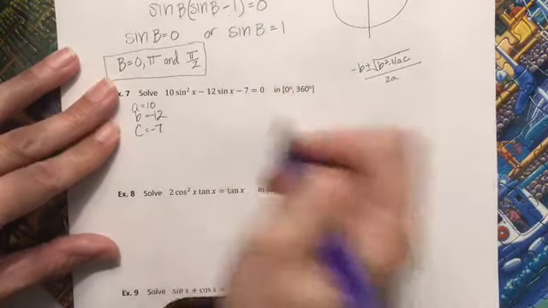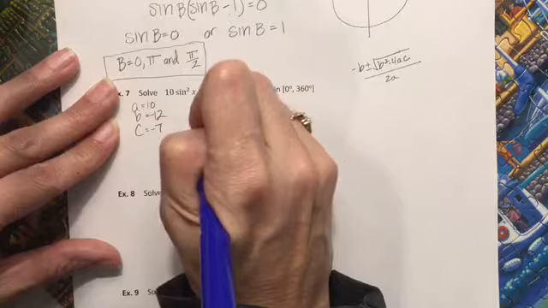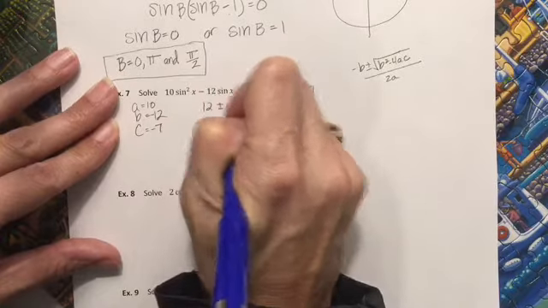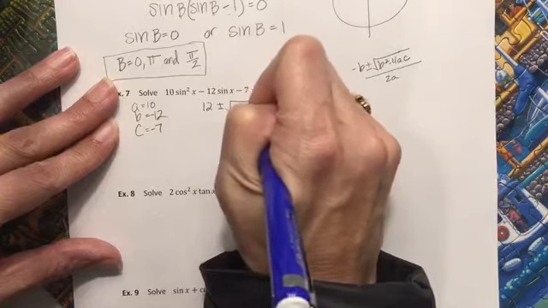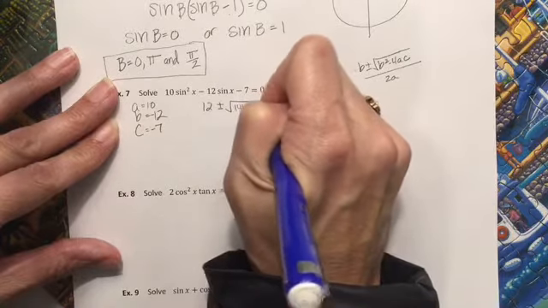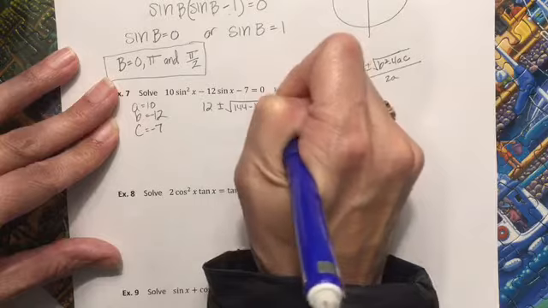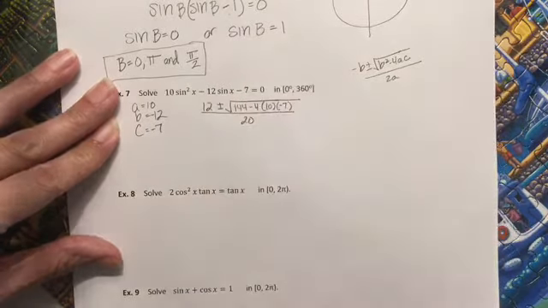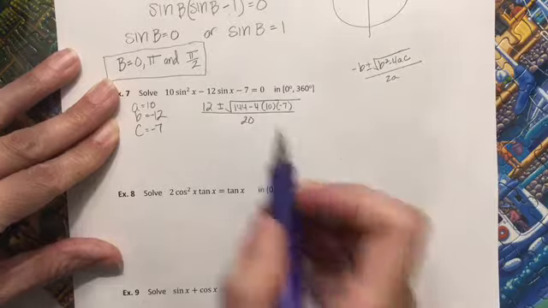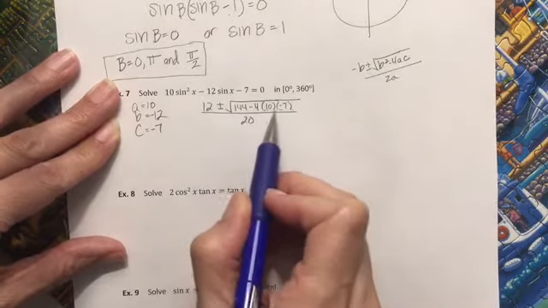So over here we're going to write it with a positive 12 plus or minus 12 squared. So that's 144 minus 4 times 10 times -7, all over 20. And that's 280, right?